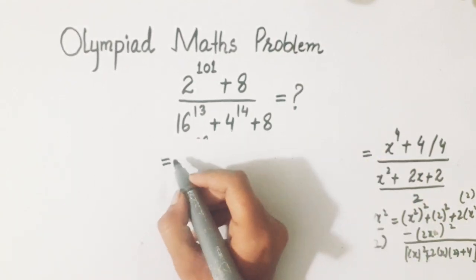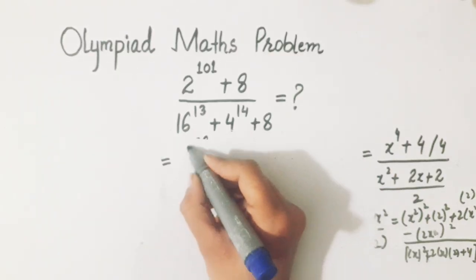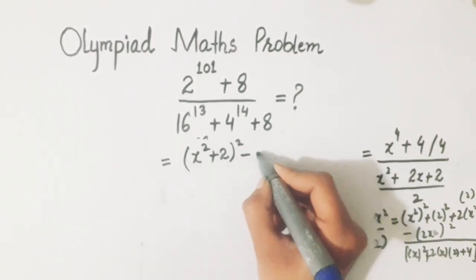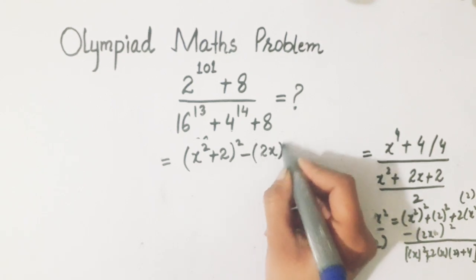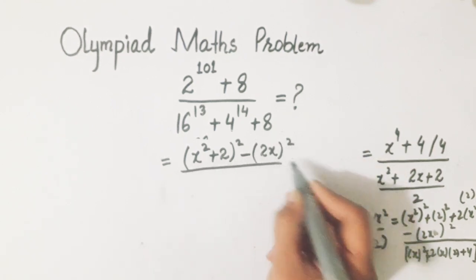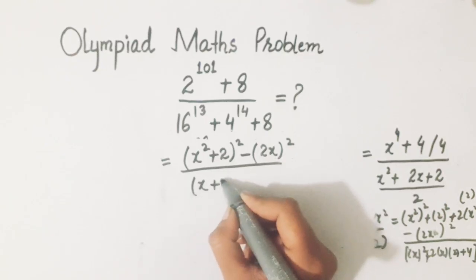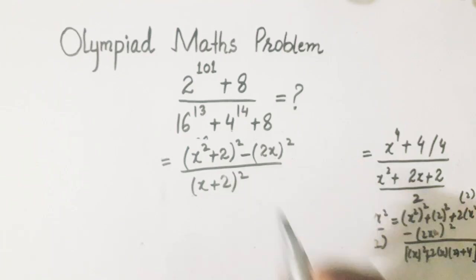This will become the square of (x square plus 2) minus (2x) square, divided by 2 into (x square plus 2x plus 2).